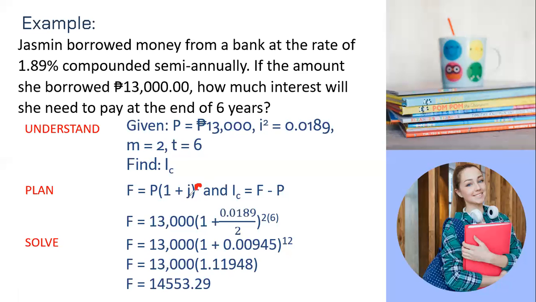So our j is i sub m, this is our i sub m, and then our m is 2. Then this is the n, this is the m, this is the t. And the product of mt is our n.